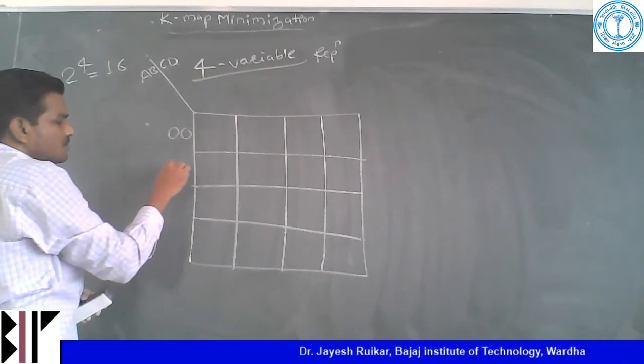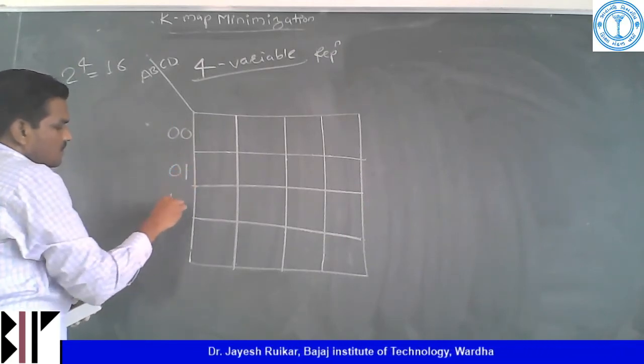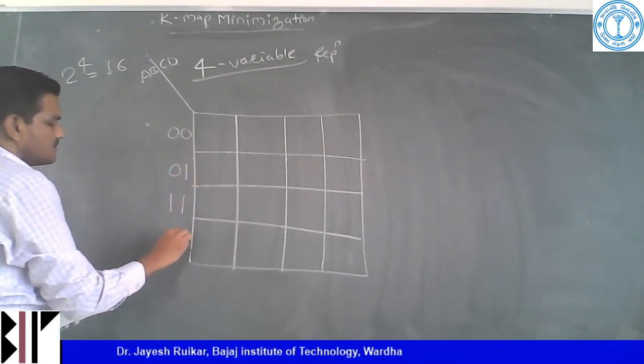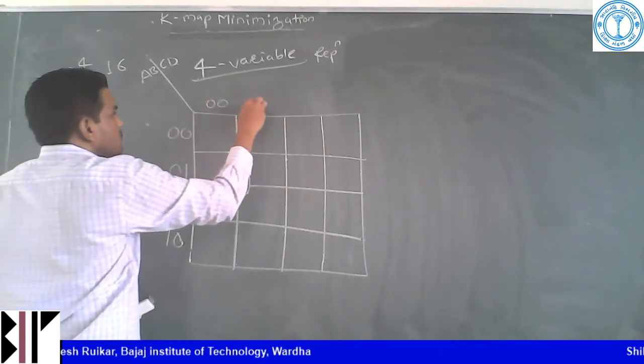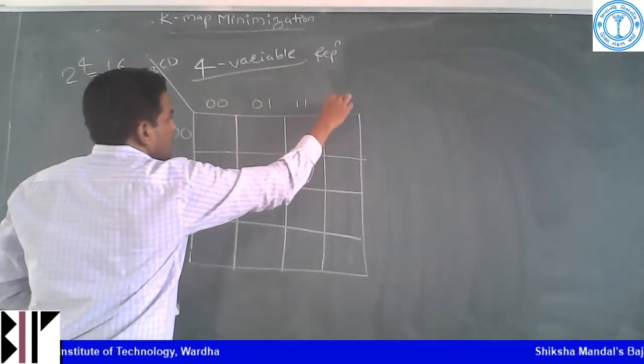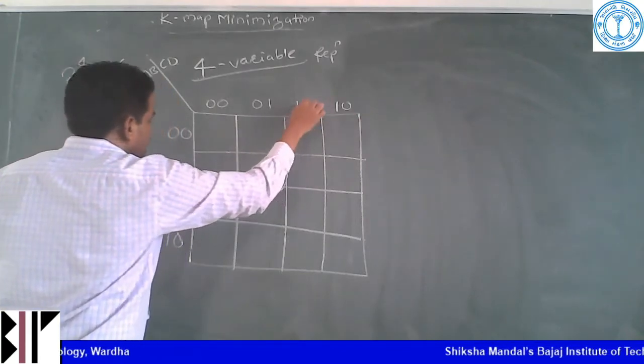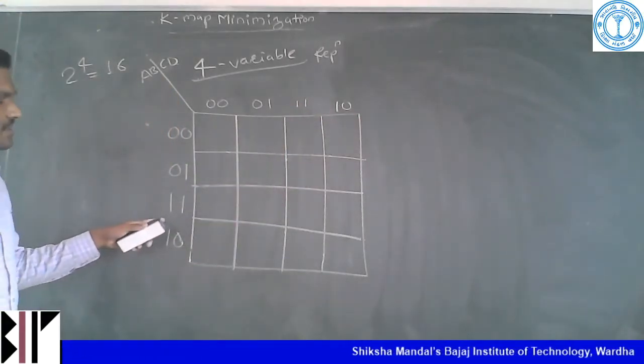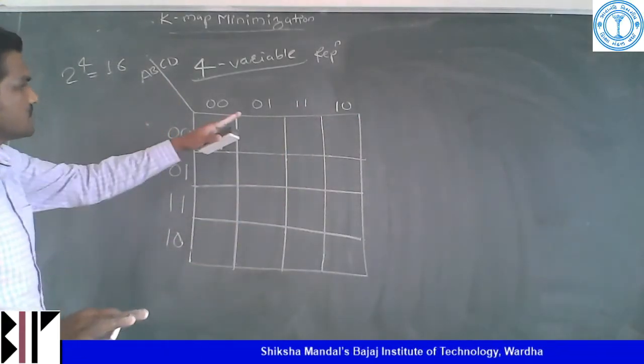So 0 0, 0 1, 1 1, and 1 0. Remember this is 1 1. Many students make mistakes on this cell.